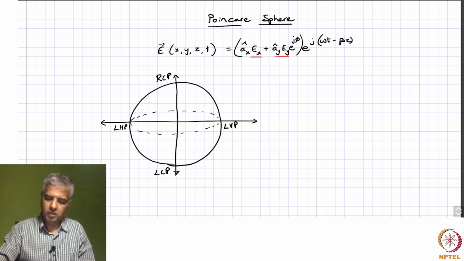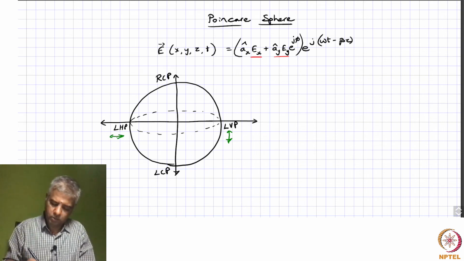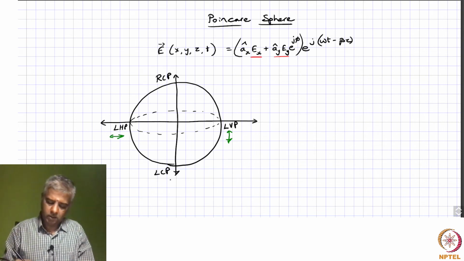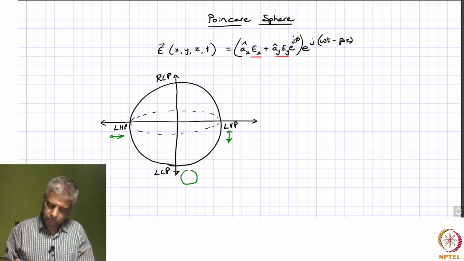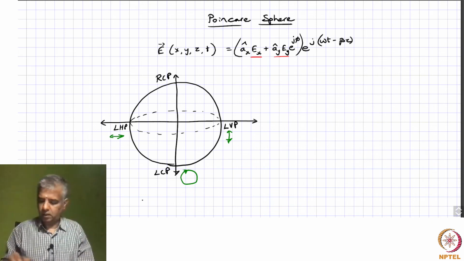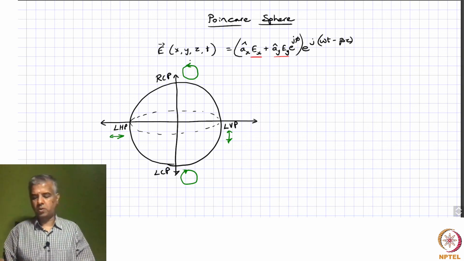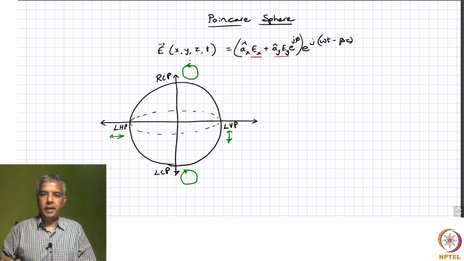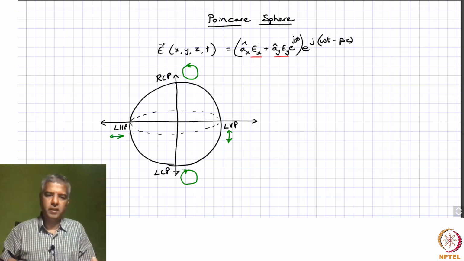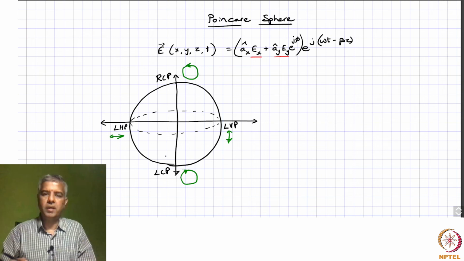So, we know what these polarization states are. This vertical polarization corresponds to this, horizontal polarization corresponds to this, and your LCP is otherwise called clockwise polarization, and your RCP is your counterclockwise polarization state. Anything else in between is going to be elliptical polarization, right?